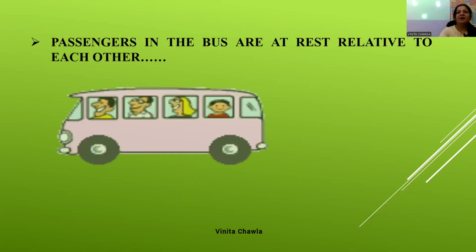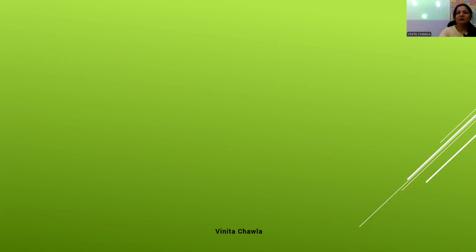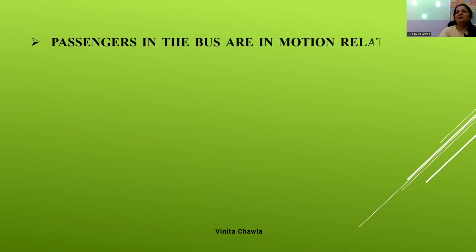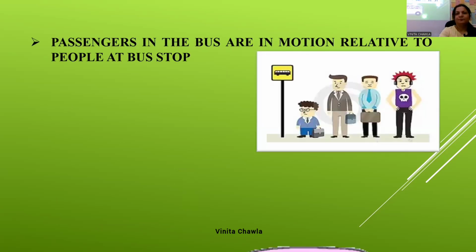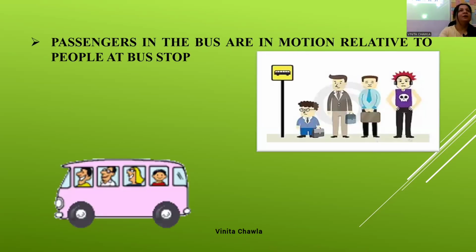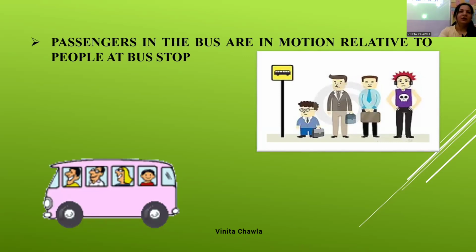Passengers in the bus are at rest relative to each other, and passengers in the bus are in motion relative to the people who are standing waiting for the bus at the bus stop. For them, they are moving in forward direction. And for the passengers sitting in the bus, people who are standing at the bus stand are moving in backward direction.